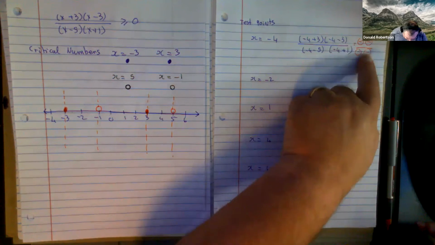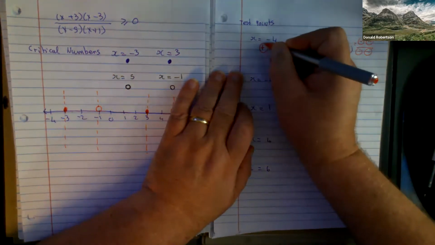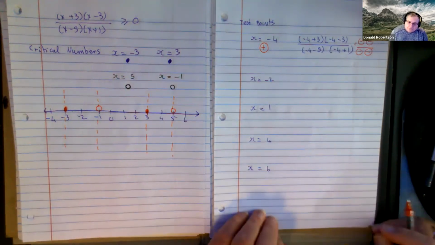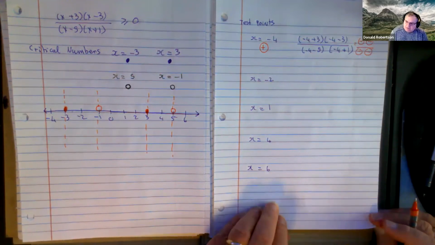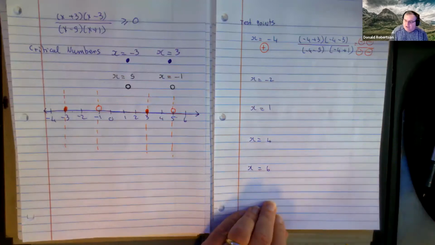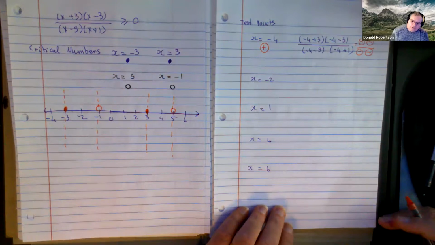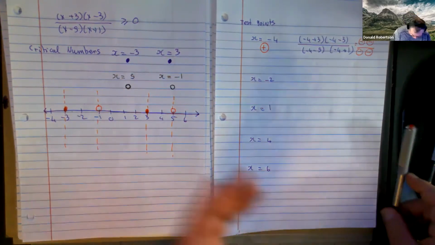If you've got 4 negative things all multiplied together, the answer is positive. I just count the number of negatives. If it's even, like 2 negative things, 4 negative things, God forbid, 6 negative things, the answer is positive. And if it's 3 or 1 or 5 negative things, the answer is going to be negative.